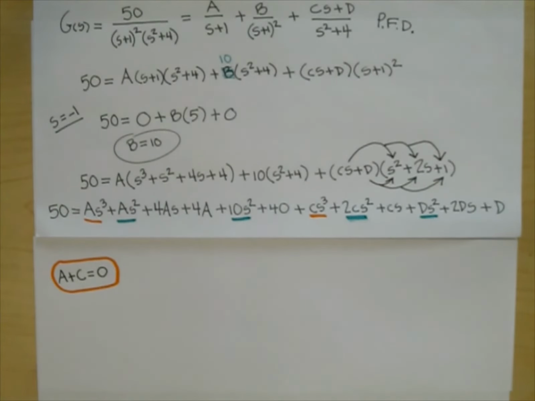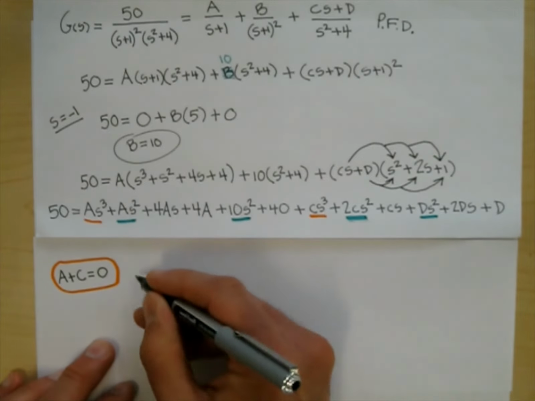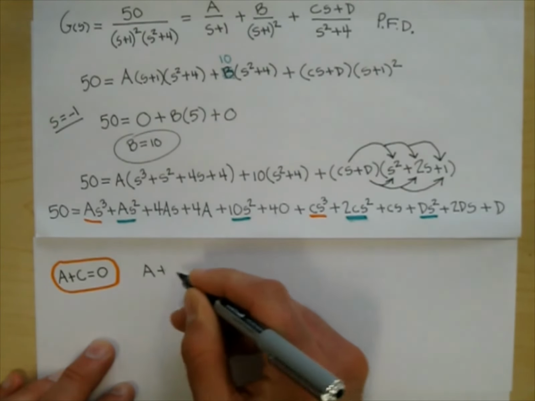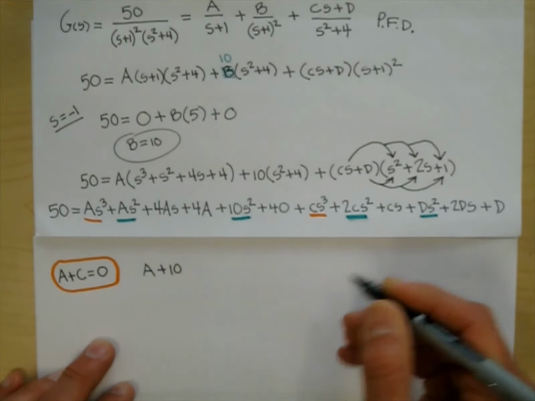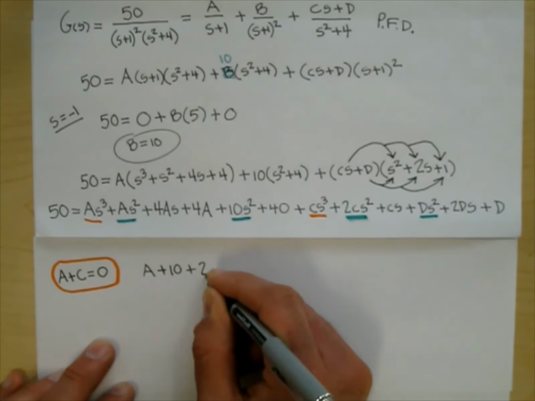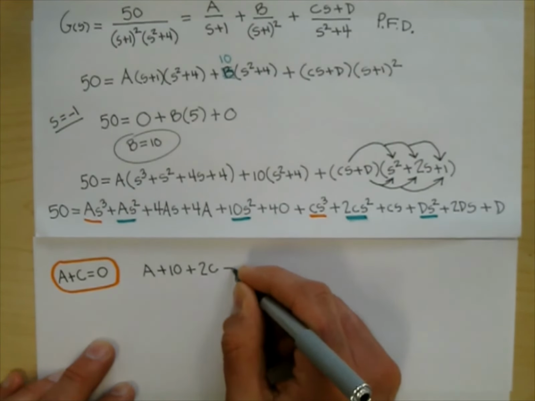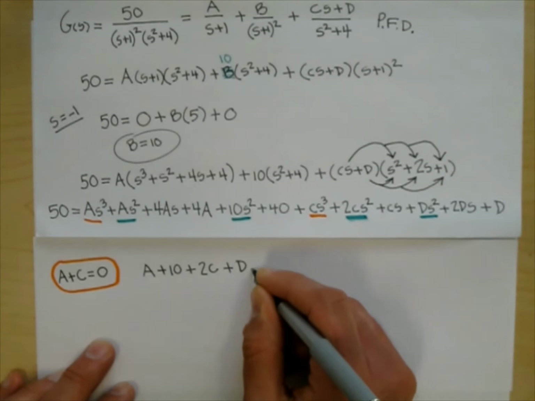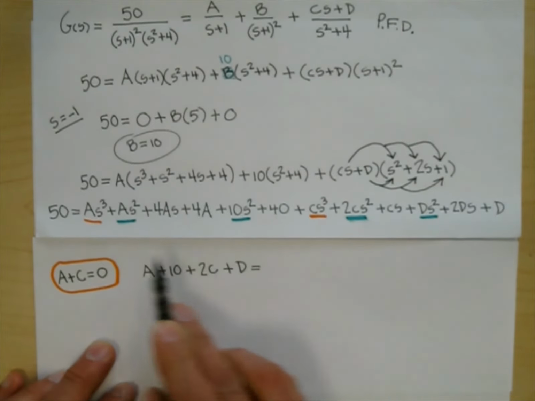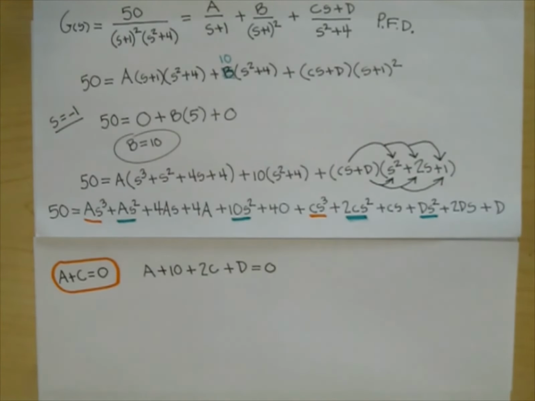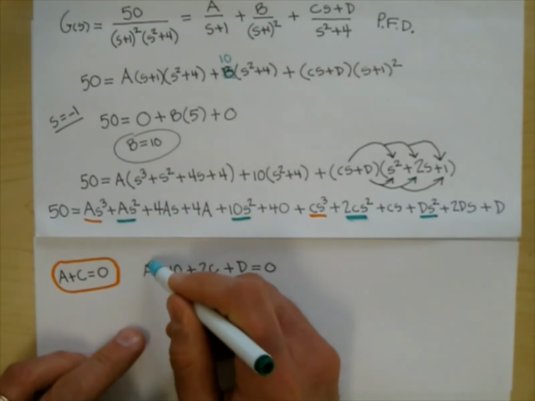And what we want to do is write out that equation here with the coefficients. So I have a plus 10 plus 2c plus d equals 0. Okay, 0s squared. So let's go ahead and circle that in green.